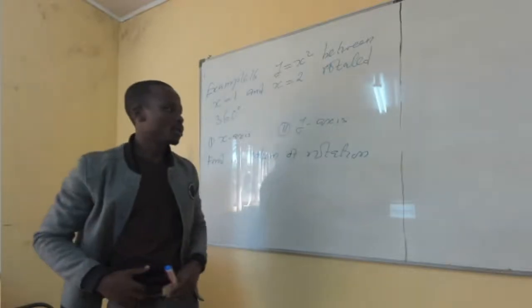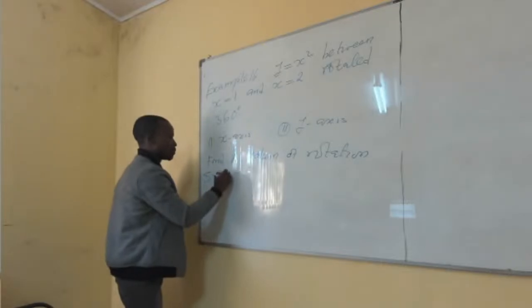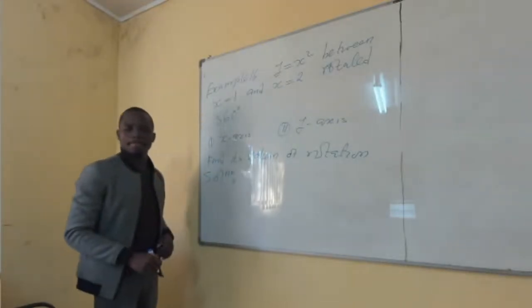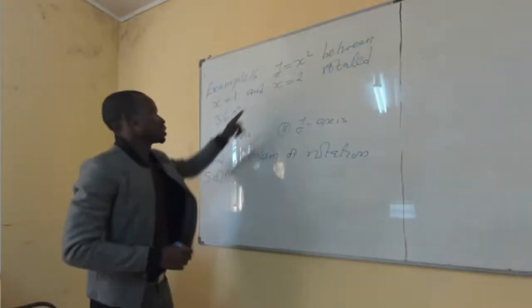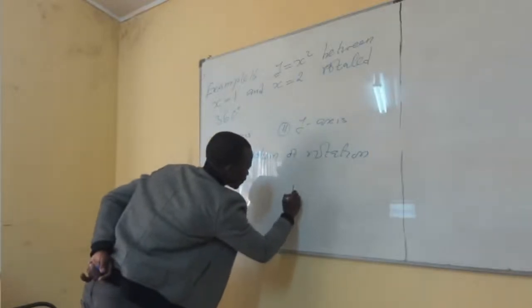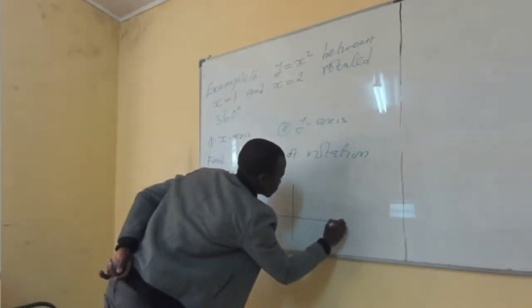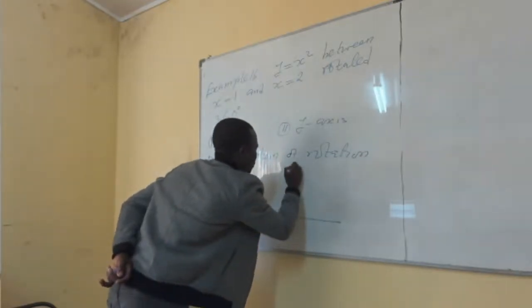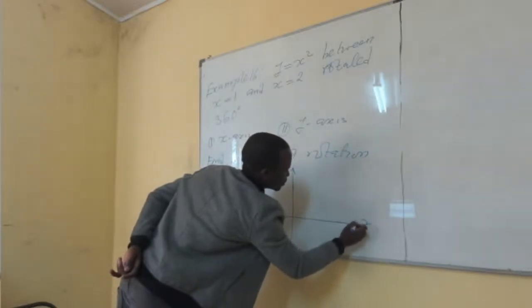Now, you can't start solving without first sketching the graph. Let's sketch the graph. If you look at y is equal to x squared, graphically we have something like this. I hope you're able to see what I'm sketching. We have y, we have x.